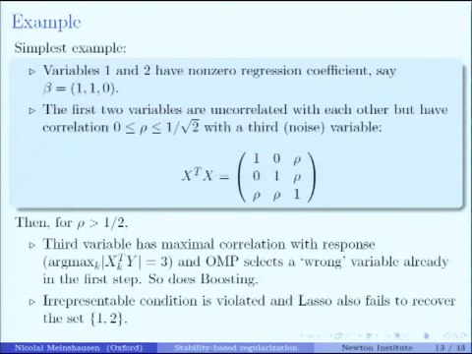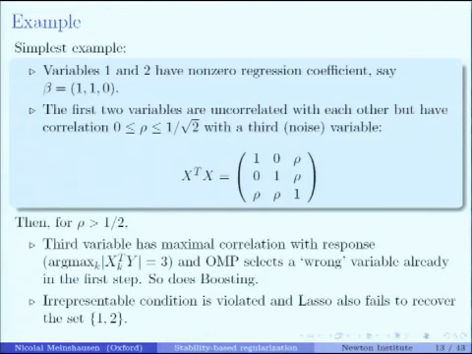And the third one is the noise predictor variable. So you say the beta has a 1 and a 1 in the first two places and then a 0. So you want to select variables 1 and 2, but not number 3. But now it turns out the first and the second have a correlation of rho with the third one. And if that correlation is larger than a half, then it means the condition I just showed is violated.